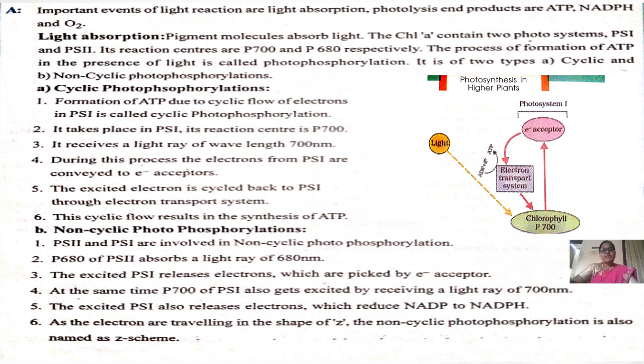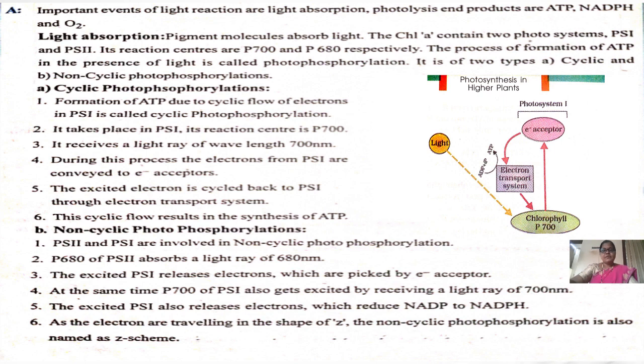What is meant by cyclic photophosphorylation? Formation of ATP due to cyclic flow of electrons in photosystem 1. It takes place only in photosystem 1, which has the reaction center P700 and a wavelength of 700 nanometers.